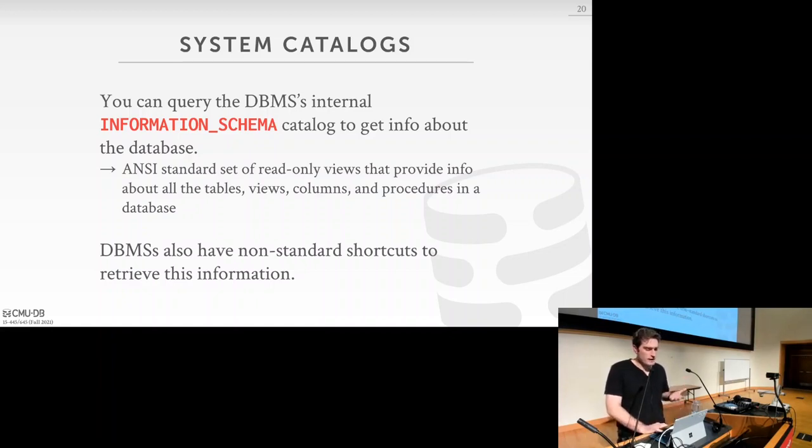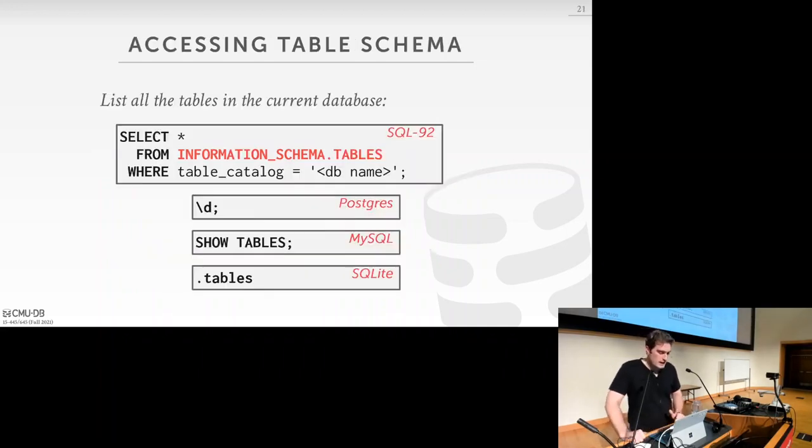And there are also a lot of non-standard shortcuts. If you were playing around with SQLite at all, you may have looked at some of those to show what tables or data were stored in the schema. I'll show a few examples.